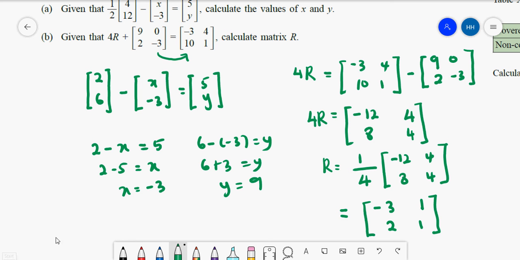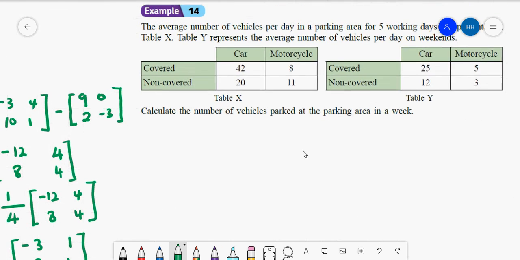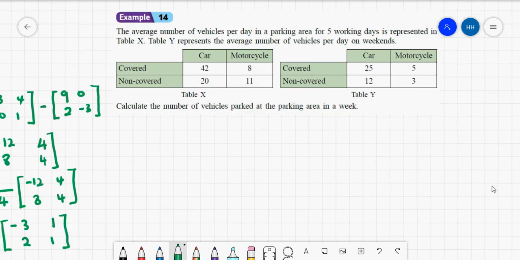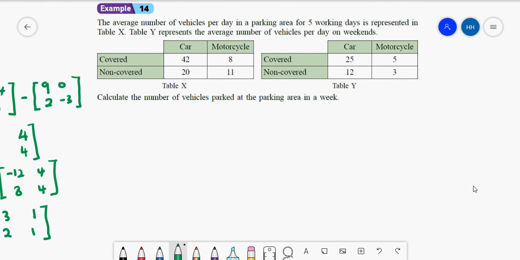If I am too fast, you can rewind. Okay, next, example 14. This is problem solving. Read the question carefully. The average number of vehicles per day in a parking area for 5 working days is represented in table X. Table Y represents the average number of vehicles per day on the weekend.